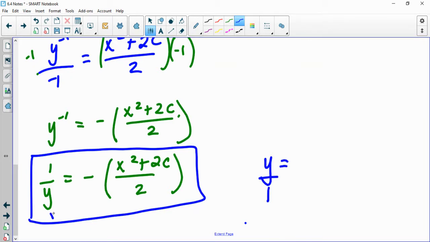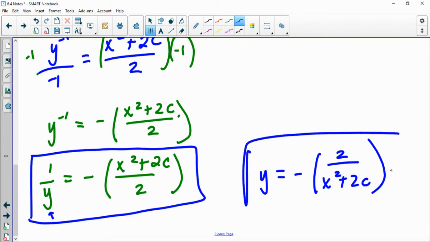So this thing and this thing are reciprocals, which means y will equal the reciprocal of this. So you can also write it as just y equals, and then flip this guy over. So negative 2 over x squared plus 2c.